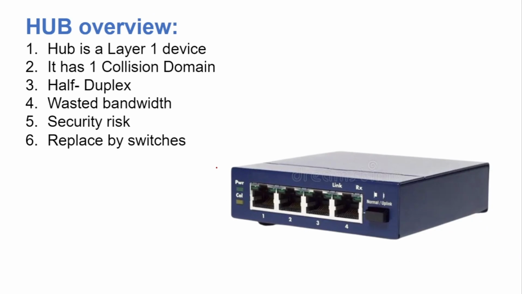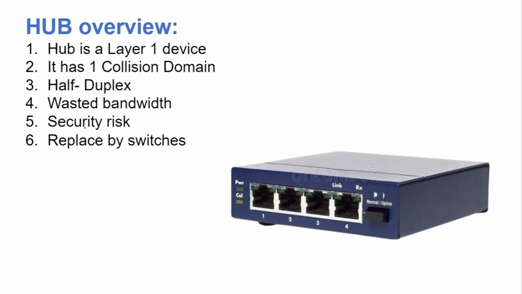So let's see the hub overview. A hub is a layer 1 device, meaning that it has no knowledge of addresses at all. All it does is repeat any data that it receives. It has one collision domain and also uses half duplex, which I've already explained. It also wastes bandwidth.